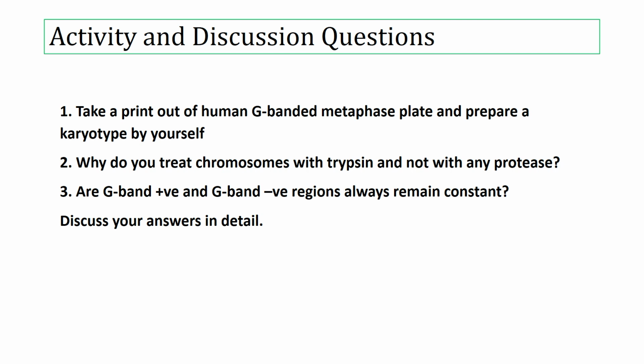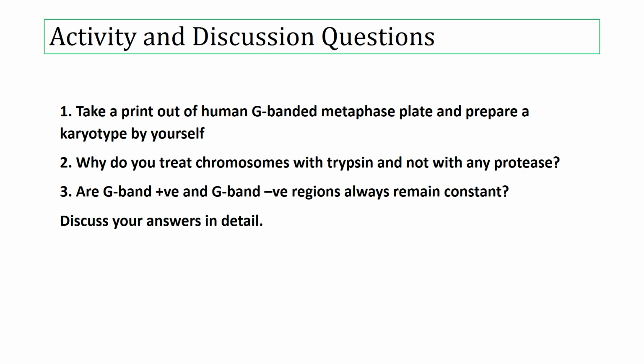Why do you treat chromosomes with trypsin and not with any other protease? One can try other proteases, but once a technique is standardized, one tends to do the same thing. That is how trypsin was standardized, and that is why one does not want to change.